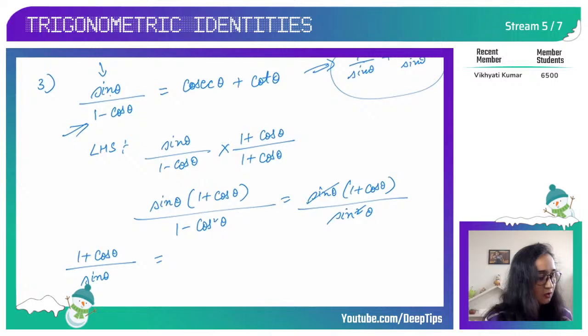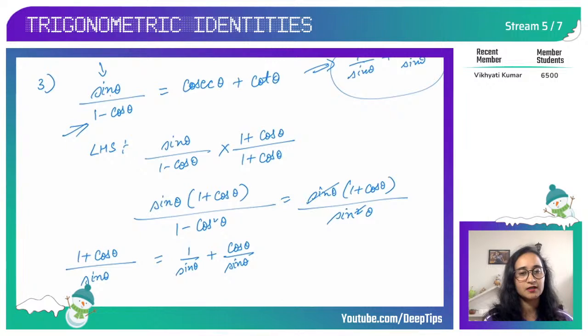Now I can rewrite this expression as 1 upon sine theta plus cos theta upon sine theta, correct? This is the reason why I started multiplying and dividing with the same number and then solved, because at this step I can't write sine theta upon 1 minus sine theta upon cos theta.